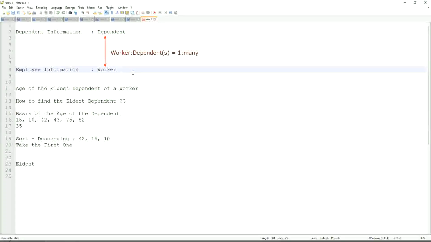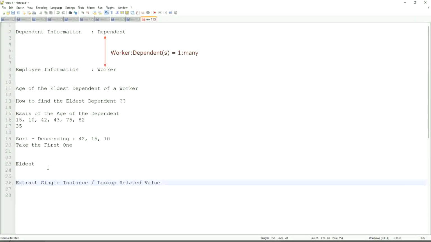But does the worker business object have the information about the dependent's age? The answer is no. That is why we are going to use a combination of calculated fields that is called extract single instance, right, and lookup related value.